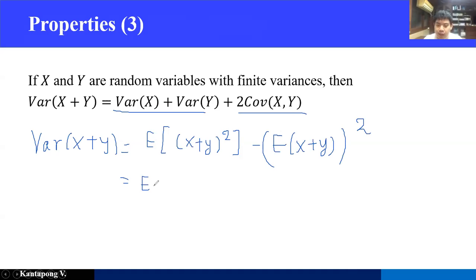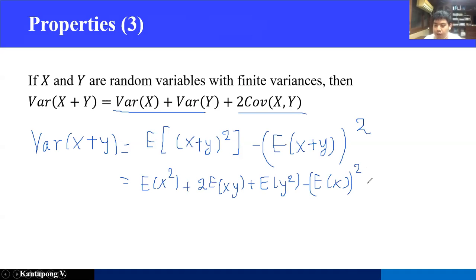It is E[x squared] plus 2E[xy] plus E[y squared], minus E[x] squared minus 2E[x]E[y] minus E[y] squared.